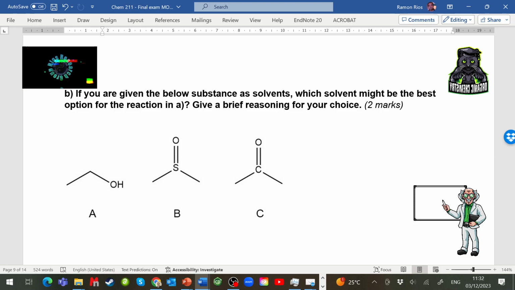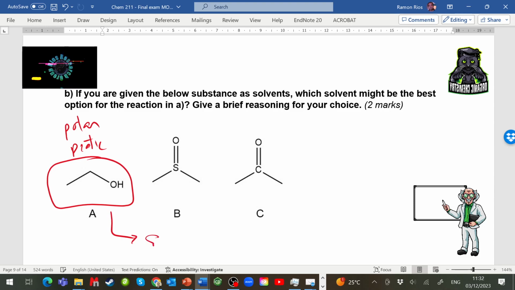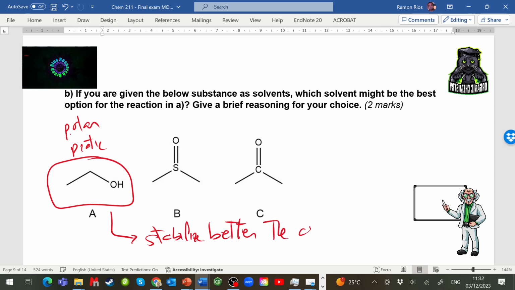The only polar protic one is this. The other two are polar, but they are not protic. Polar protic solvents stabilize the carbocation better.